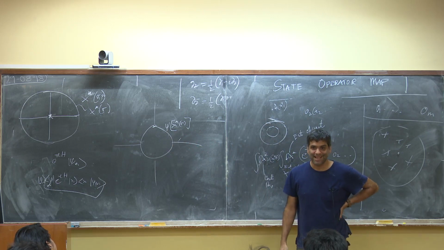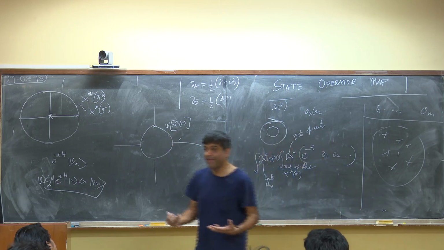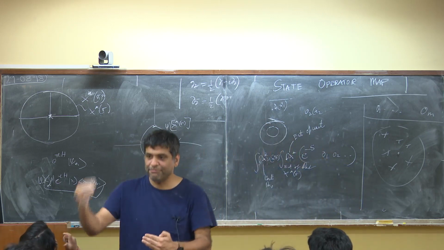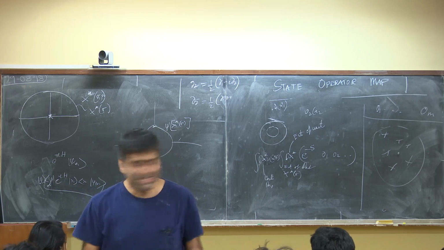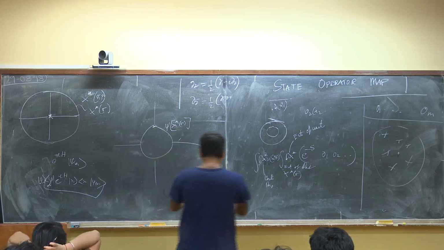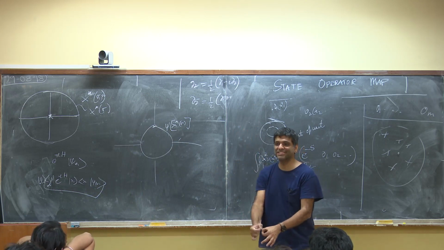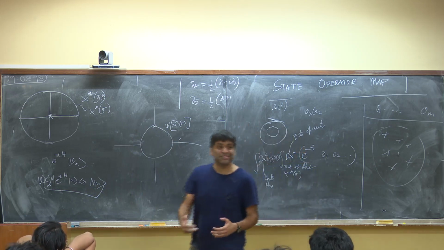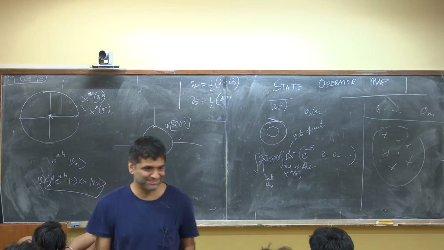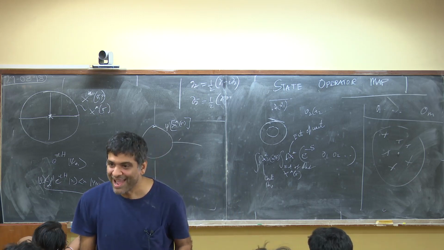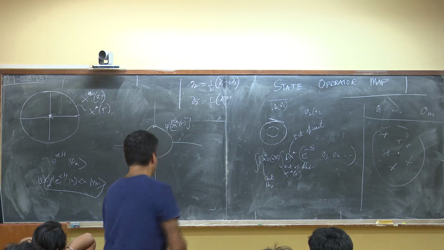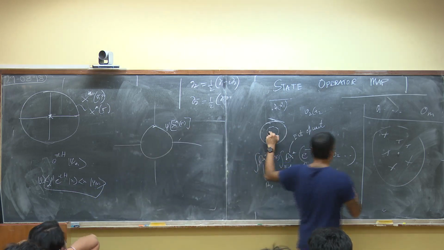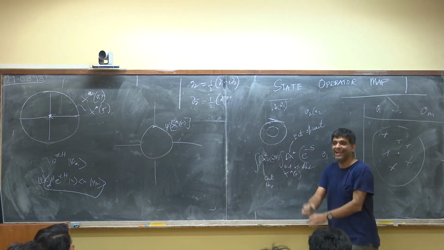However, going from radius half to radius 1 is achieved in the cylinder picture by translations in time. So this is given by the action of the Hamiltonian in the cylinder picture. So all I have to do in the cylinder picture is to take my state and translate it in time.